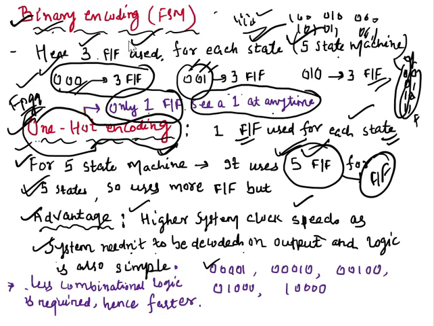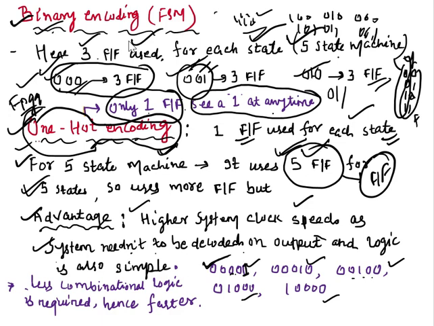For the first state, it is not 0 0 0 0 0, it is 0 0 0 0 1, then 0 0 0 1 0, then 0 0 1 0 0, and so on.